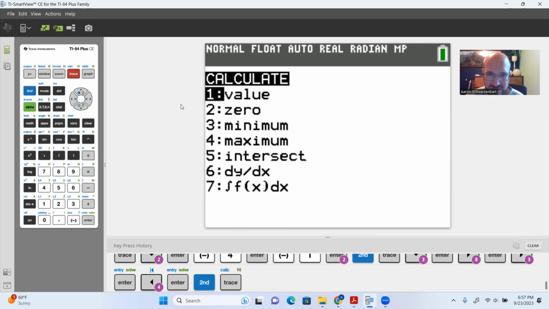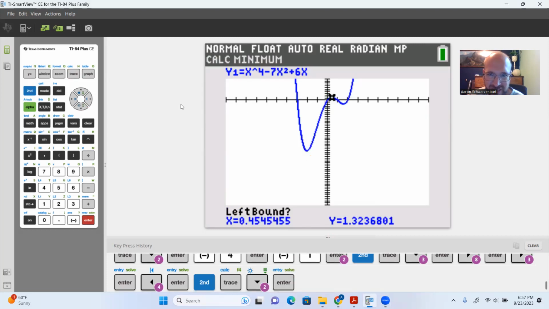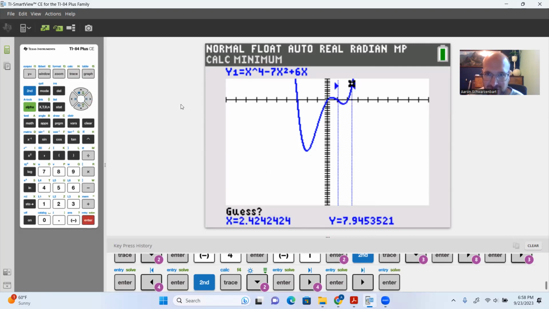Okay. And we've got one more minimum to identify. I'm going to make sure I get past that other one. If your range included something over here, if you had your thing too far over, like over here, it'll give you something way down here because that value is lower than here.